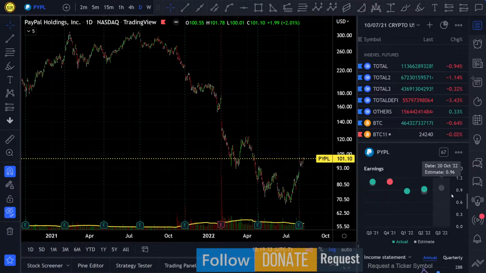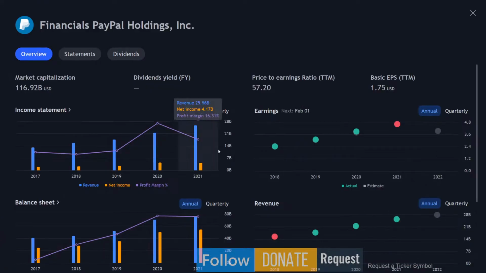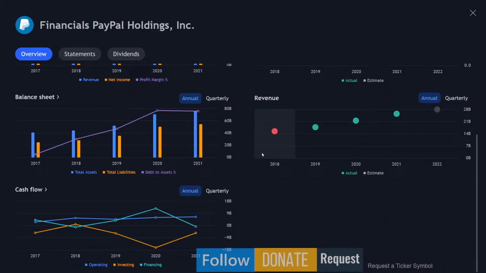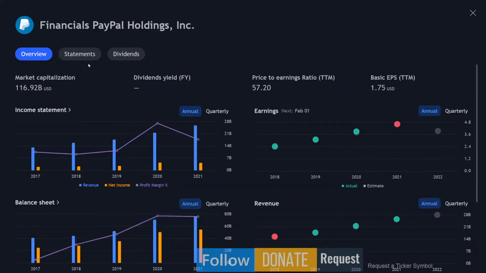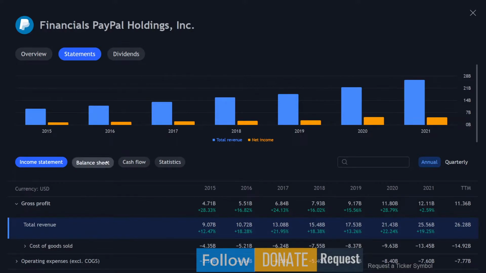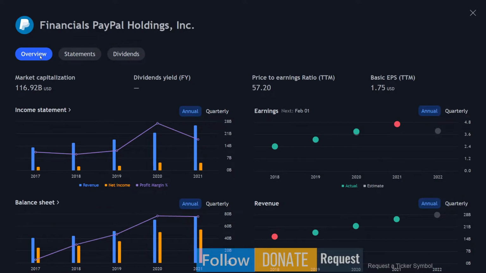There's more data here, but I like to open up the financial panel sometimes and just look at it. Your income statement, balance sheet, cash flow. I like to look at this stuff. I don't drill down extremely into it, but you could get a quick snapshot. Like if you see this company's revenue is going up, it's good.